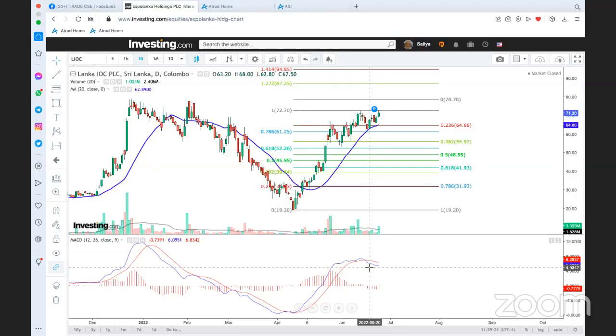So those are the two scenarios. One is an immediate increase, shooting up above 72.70 with volumes, taking the 78.70 away and moving up further. We'll take this signal MACD line above the signal line.